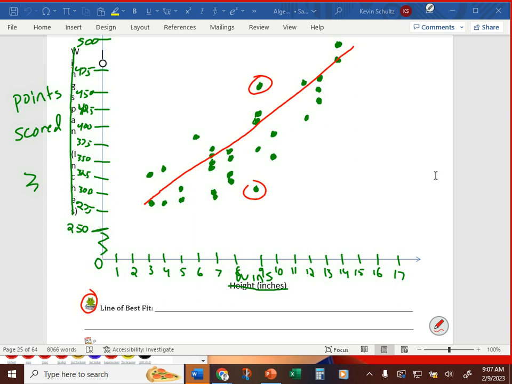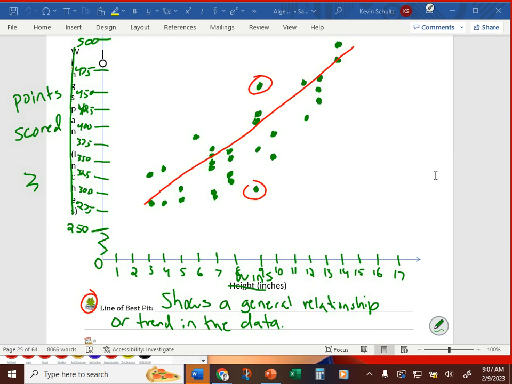But the point is, a line of best fit, what it does is it shows, and some of you might have to stand up to see this definition. I don't want to scroll down and lose all my points up here. Shows a general relationship or trend in the data.